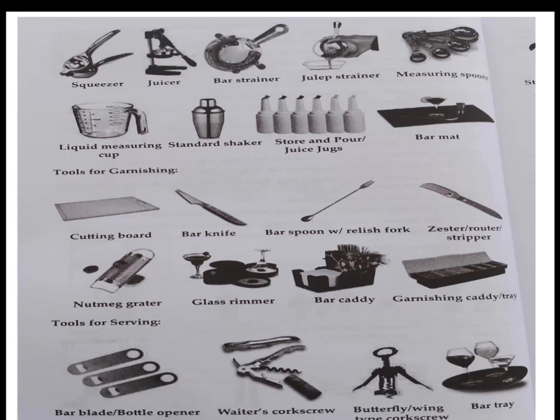So, tools for garnishing. So first is cutting board, bar knife, bar spoon with release fork, zester, router, stripper, nutmeg grater, a glass rimmer, bar kit, garnishing kit tray.